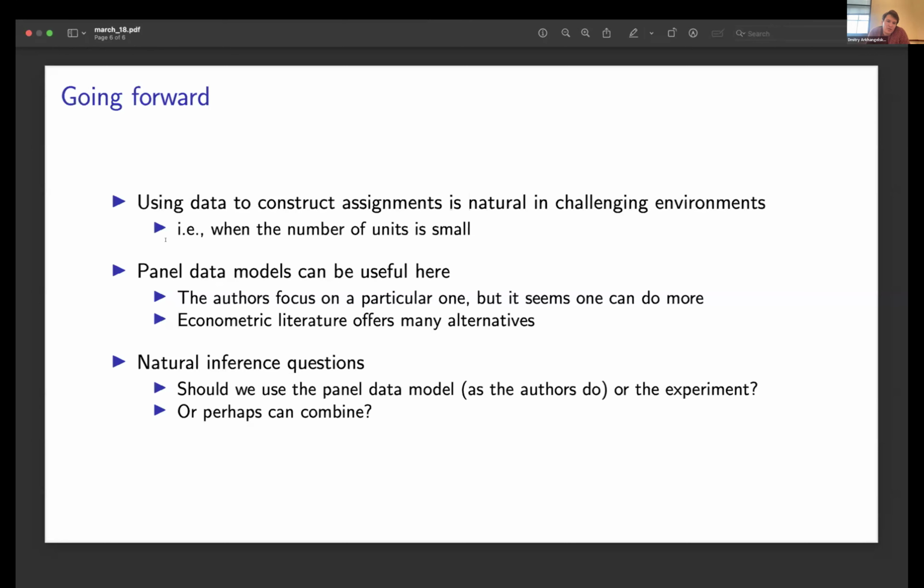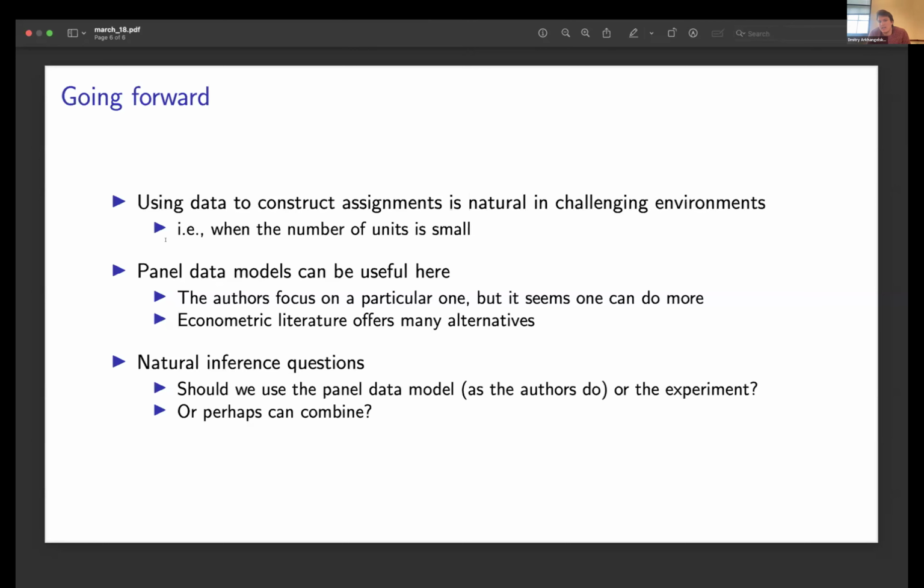And so then there is also a natural inference question. For inference, should we use the underlying assumptions of the panel data model, which to some extent the authors do when they assume exchangeability or properties of the errors? Or if I can interpret this whole thing as an experiment, can I rely on experimental inference? Or maybe I can combine these two ideas together.